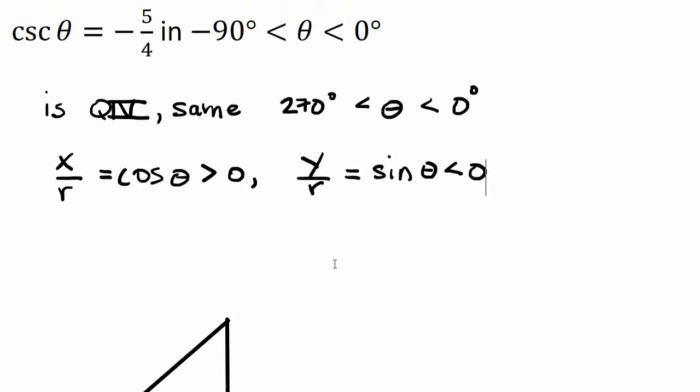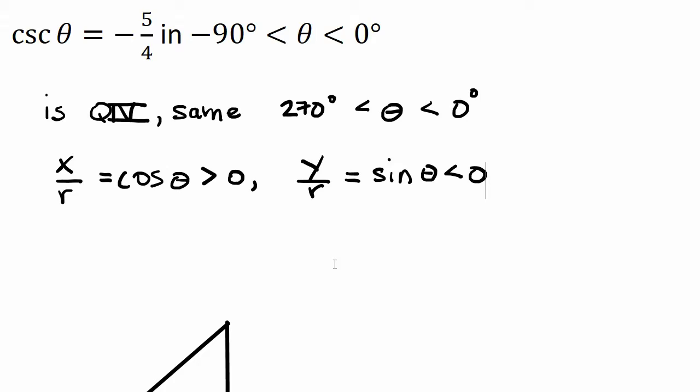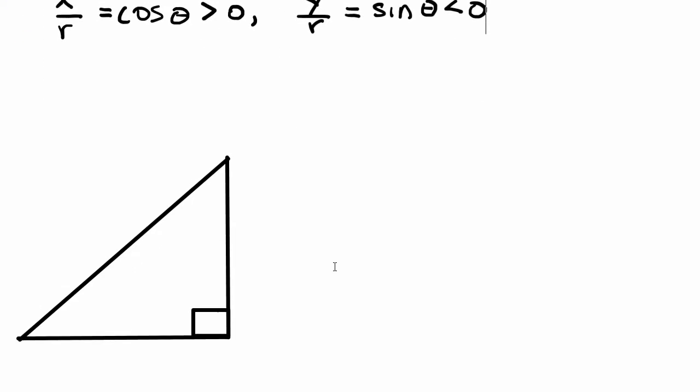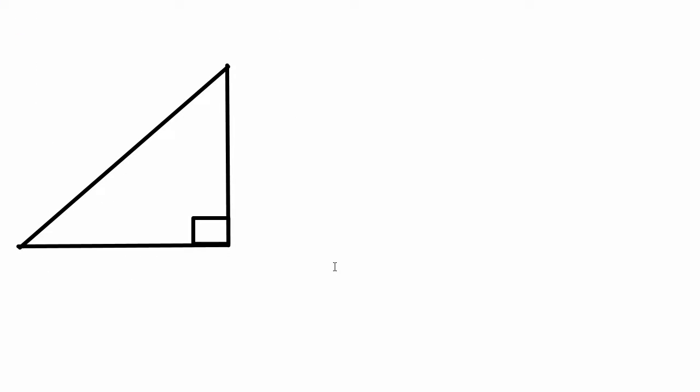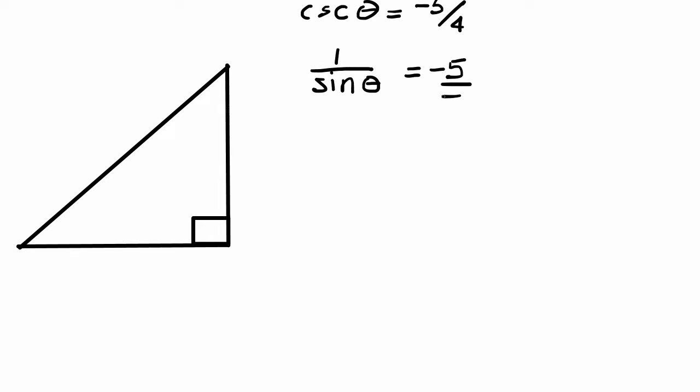We are given cosecant theta equals minus 5/4. So that's what we're given. Cosecant theta is minus 5/4, and we know that cosecant is 1 over sine. So this is 1 over the sine of theta, and we know that equals minus 5/4.